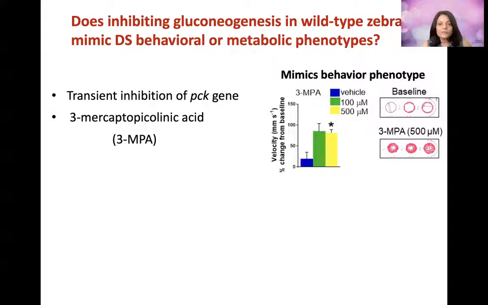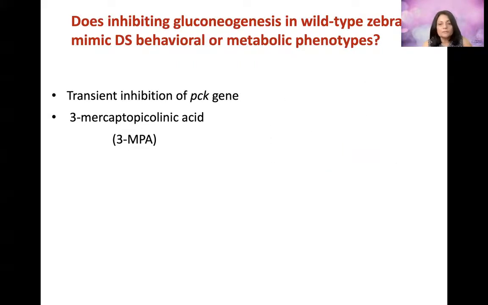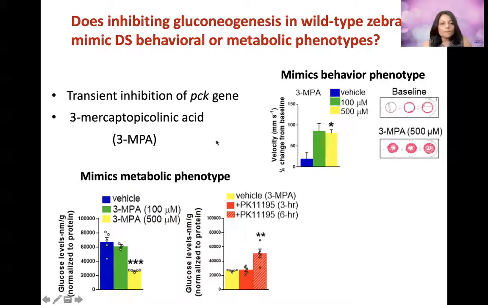And what we found was an increase in the swim behavior that resembled the Dravet zebrafish. As you can see here, it looks very similar to what I showed you earlier in the SCN1LAB mutants. What was also interesting is that this compound was able to mimic the glucose deficit.